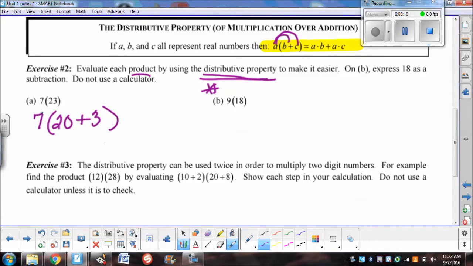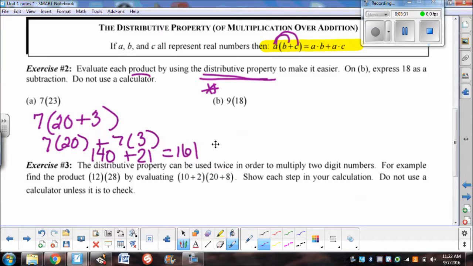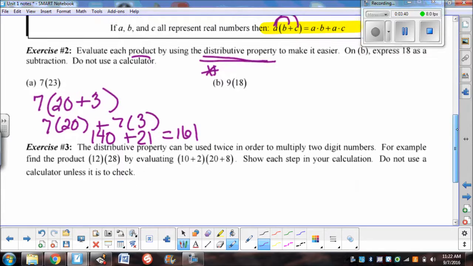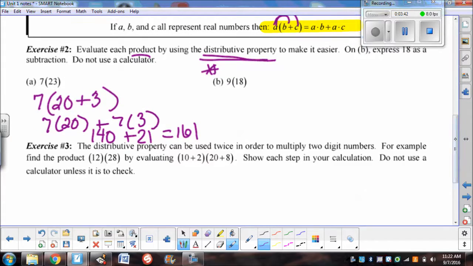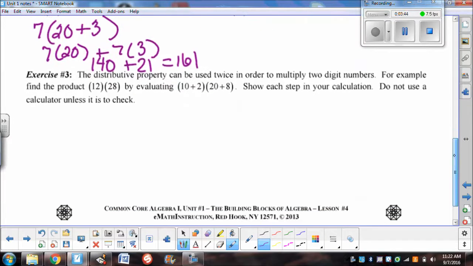Now, distributive property: that's 7 times 20 plus 7 times 3. 7 times 20, I think you're pretty good with that in your head, is 140, plus 21, and that gives me 161. If you did the standard algorithm like you were taught in elementary school, you would come up with 161. So try B on your own, but you've got to think subtraction.